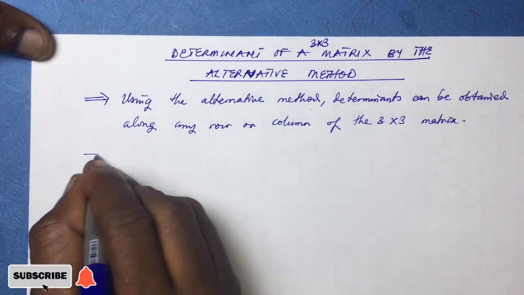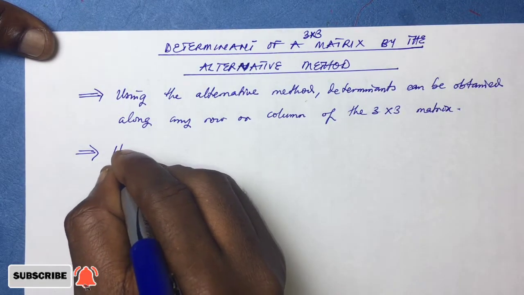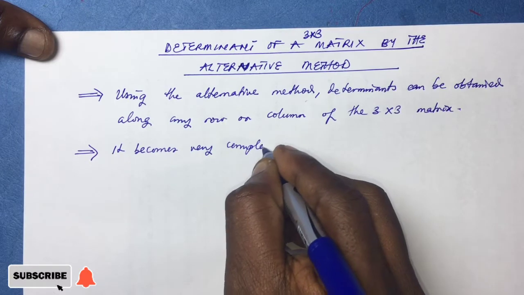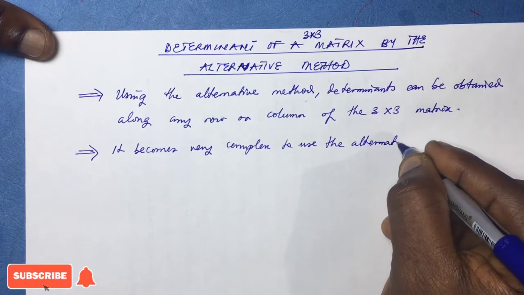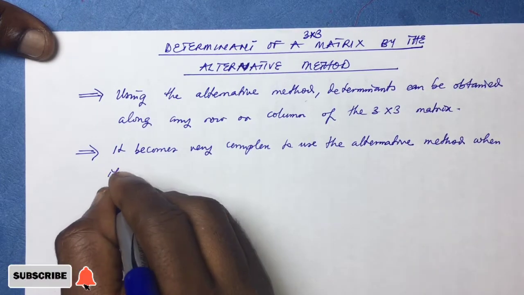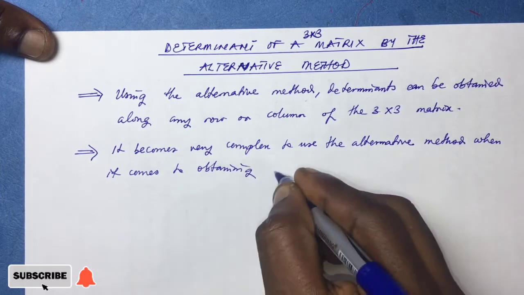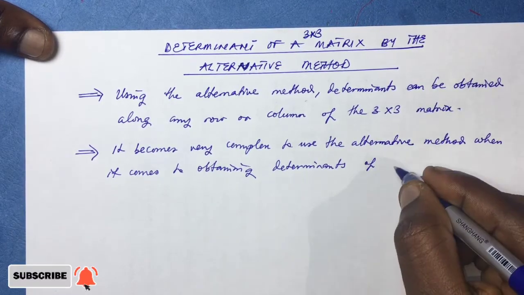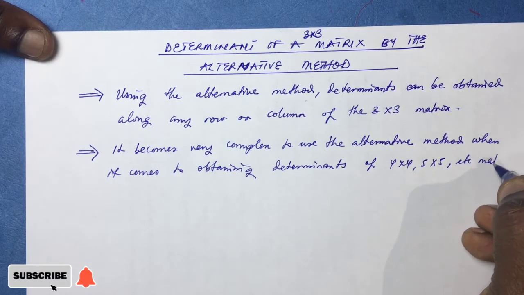Okay? 2. The next thing I want to tell you about this method, even as I like the method so much, is that it becomes very complex to use the alternative method when it comes to obtaining determinants of 4 by 4, 5 by 5, etc. matrices.